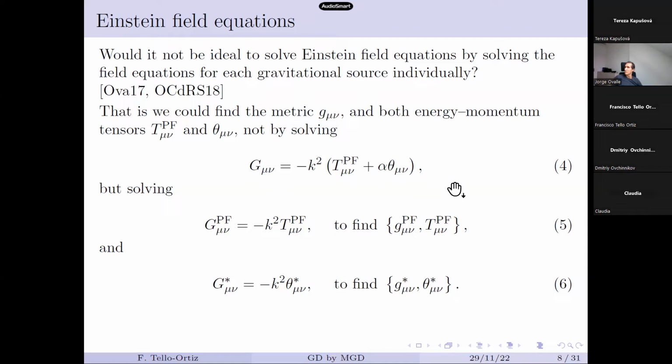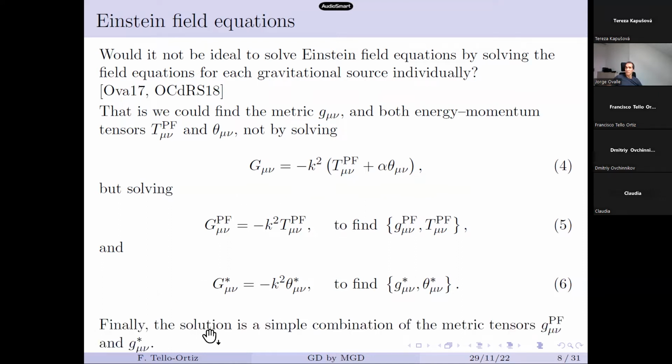But as you know, Einstein field equations are nonlinear partial differential equations. Then, if you are trying to solve one problem, and then the second problem, if you are trying to split this problem, in principle, it is not possible, because you want the final solution to be a simple combination of the metric tensor corresponding to the perfect fluid solution and to the theta sector.